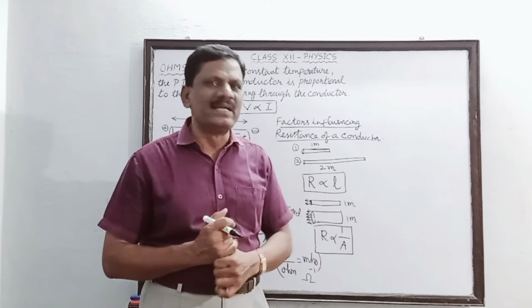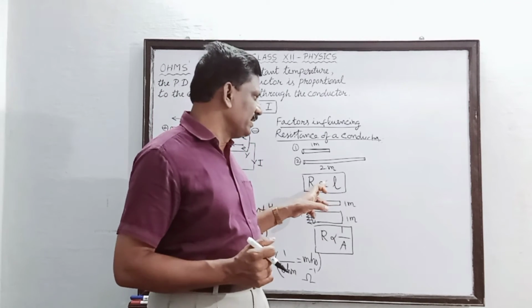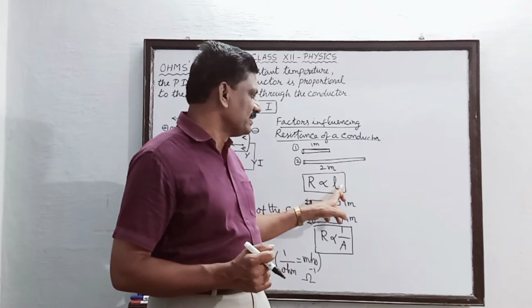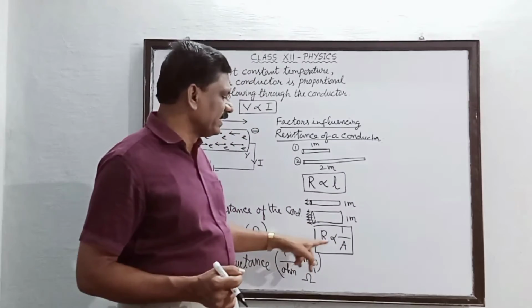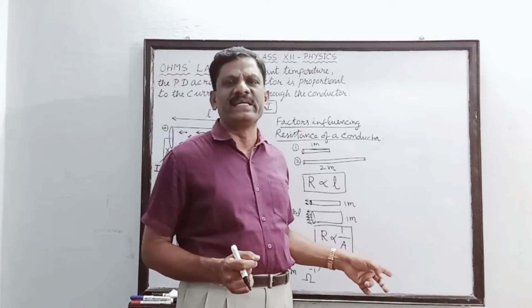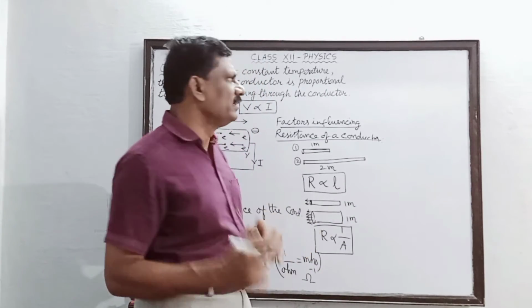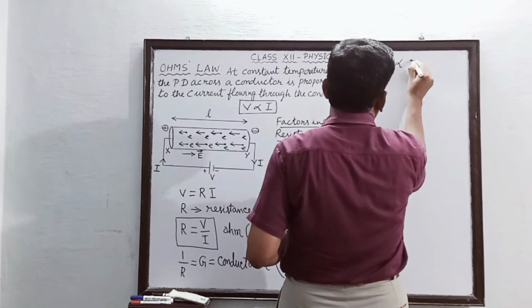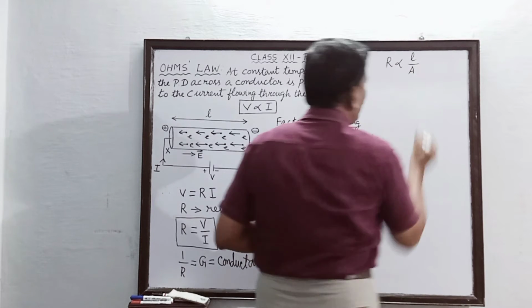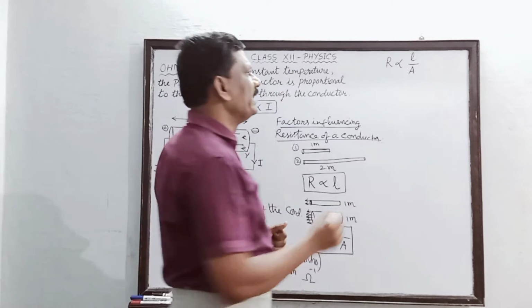How does it depend? The resistance of the conductor is directly proportional to its length, and inversely proportional to its area of cross section. Combining these two, I am going to write R is proportional to L by A.